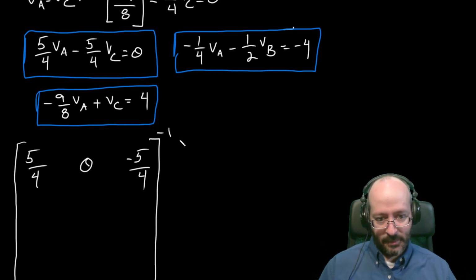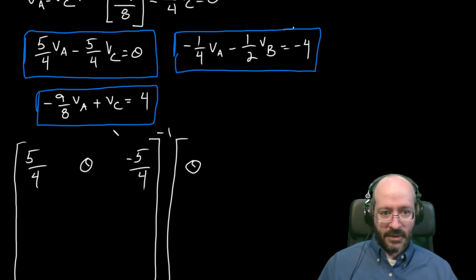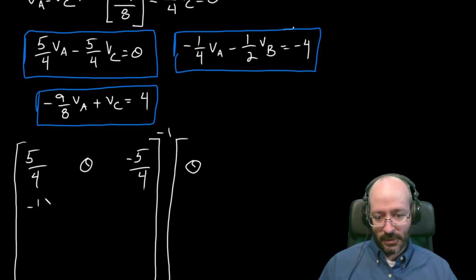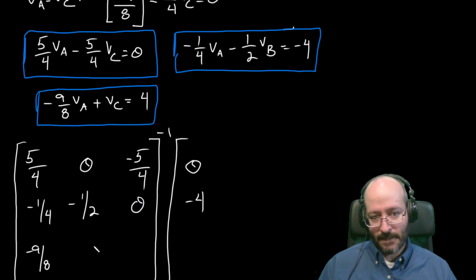I know some people who will take off points for that. There's 0, negative 1/4, negative 1/2, 0, and negative 4. That was from this equation. And then negative 9/8, 0, 1, and 4.